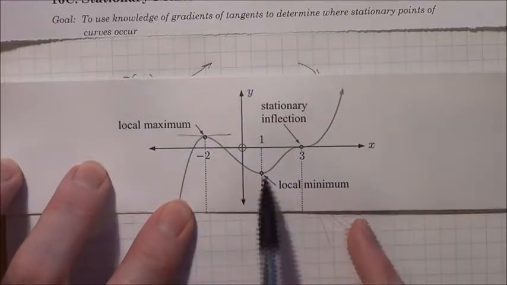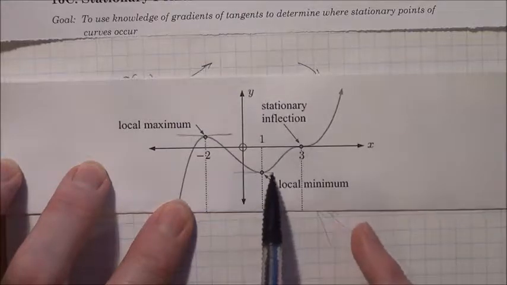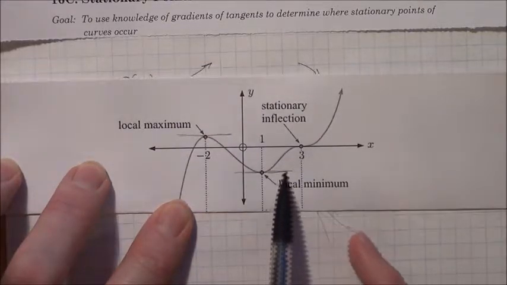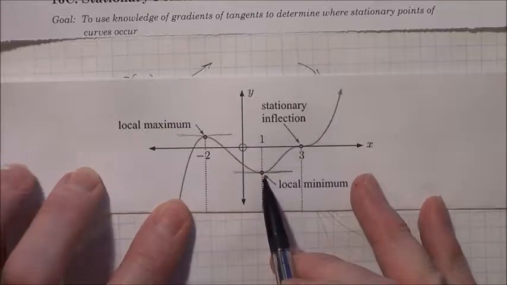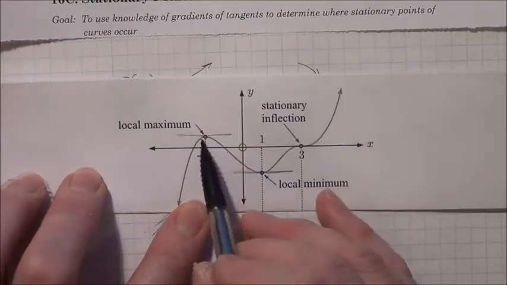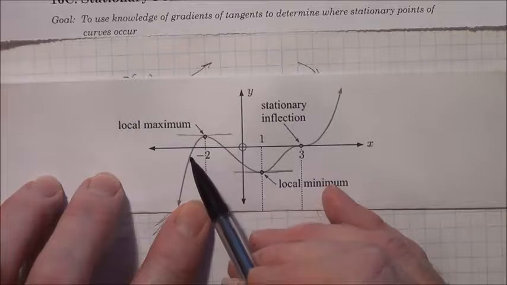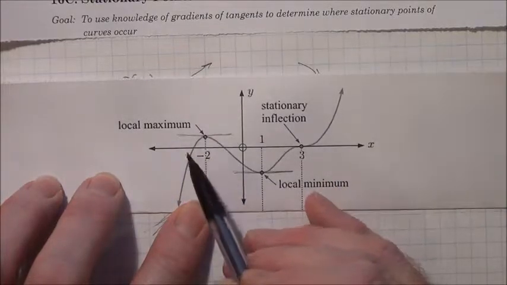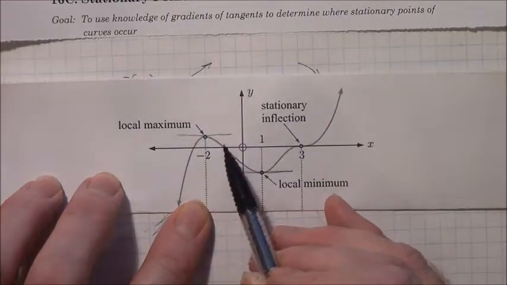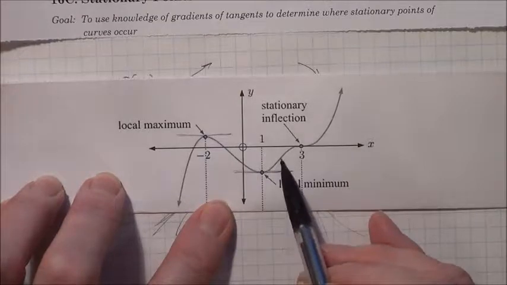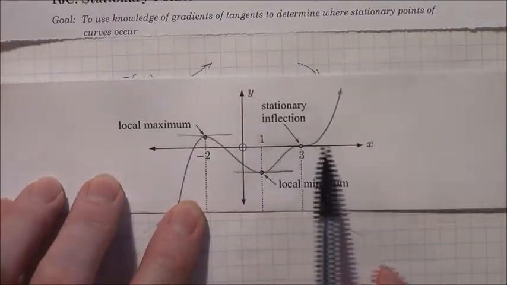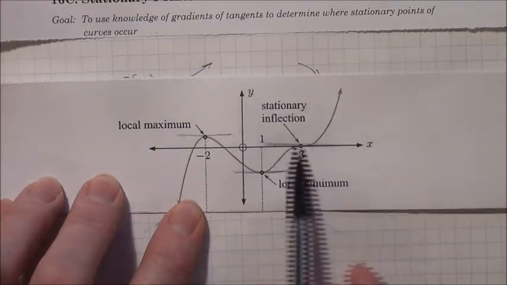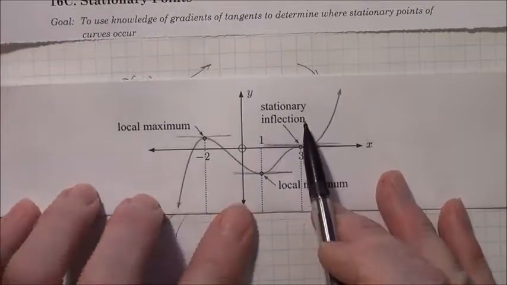We also see down here at the local minimum that the gradient is also 0. Right, there's the horizontal tangent. Those are both called turning points, where the curve turns and goes from increasing to decreasing, or from decreasing to increasing. Okay, and then there's another spot where there is a horizontal tangent, and that's what's called a stationary inflection point.